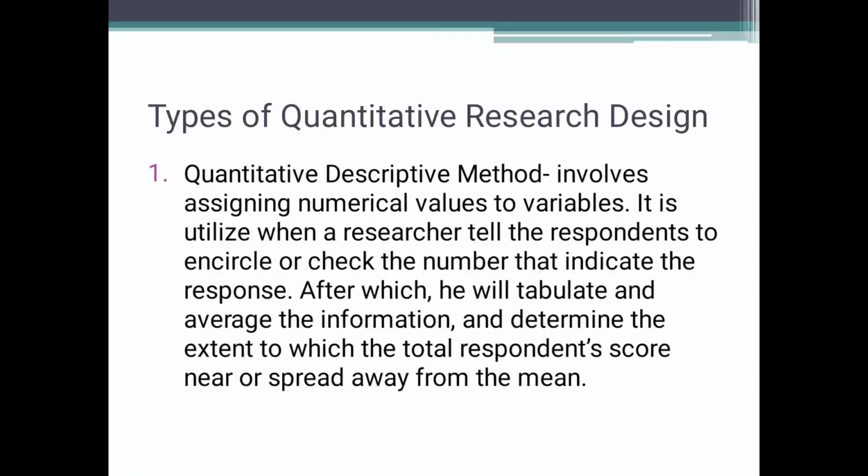And eventually, si researcher ay magtatali at i-generate niya yung mean and standard deviation. Okay? And ngayon, i-compare ngayon ni researcher dito kung gaano kalayo or gaano nag-vary yung score ng kanyang sagot dun sa instrument to the totality.